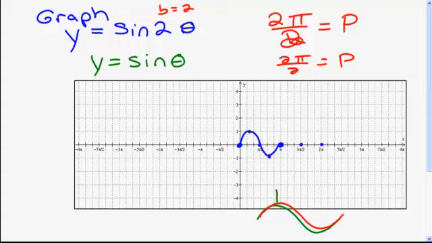So this keeps going up. Everything is always halfway because it's those 5 key points. So there's my next 5 key points: starting point, max, 0, min, 0. And then I can keep going. At least complete from 0 to 2 pi, or if it's even bigger, at least complete one cycle if possible. Okay, so that's dealing with the sine of 2 theta.